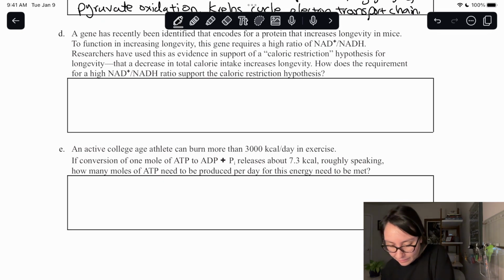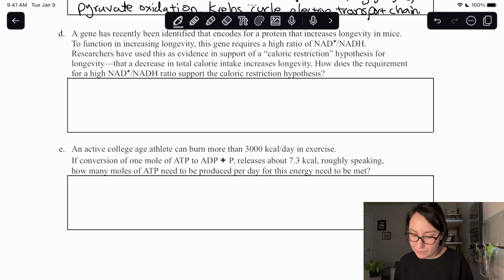So this one is asking, how does the requirement for a high NAD+/NADH ratio support the caloric restriction hypothesis? Because it's saying here that a gene was recently identified that encodes a protein that increases longevity in mice, which is awesome. Maybe that'll translate to human beings. Basically, it's asking about a high NAD+/NADH ratio.